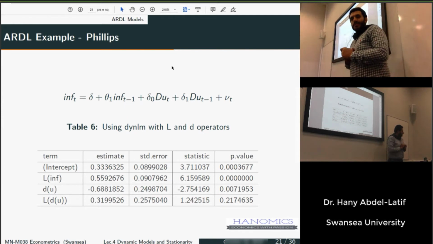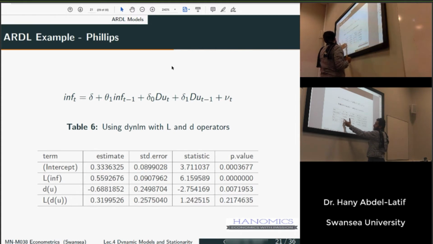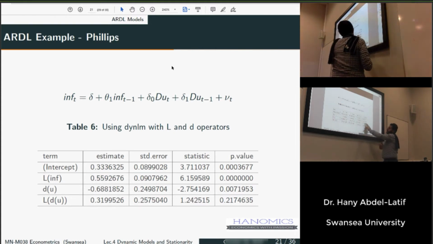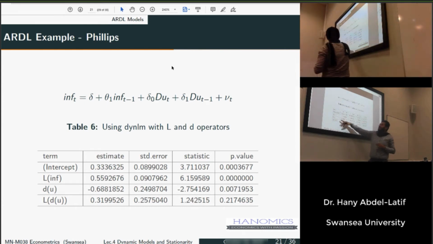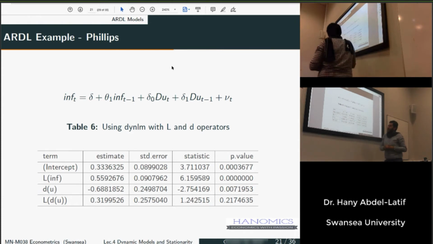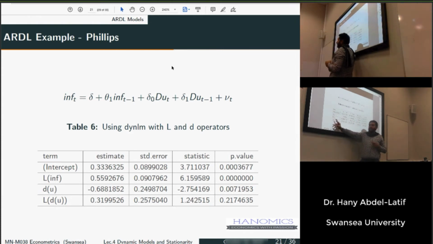Estimating this model gave us these estimated coefficients. This is Yt minus 1, or inflation in time t minus 1, and this is the change in unemployment rate in time t, and this is the change in unemployment rate in time t minus 1.